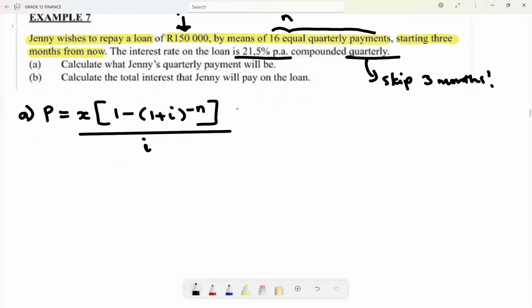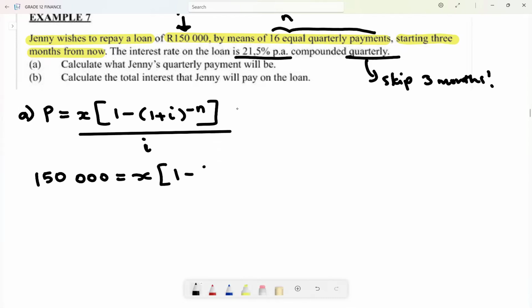Hence, for X, we do not say it is monthly payments. We say it is regular payments. In this case, the payments are quarterly. So we want the value of X. P is 150,000. X is what I'm looking for.